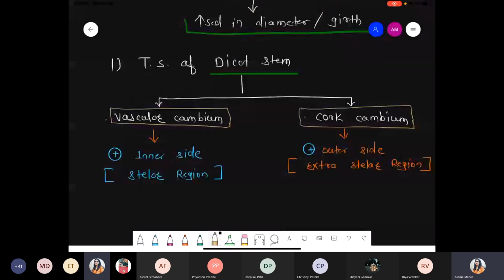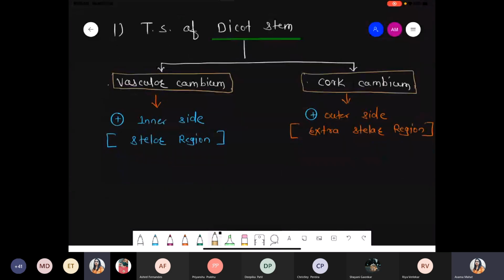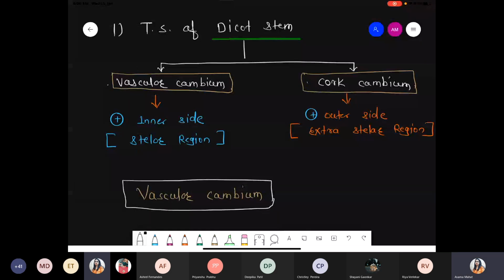Clear? Chalo. So first of all, we are talking about the first cambium, that is vascular cambium. Please try to focus on this part because ये important है. But if you read NCERT, कुछ समझ में नहीं आएगा. ठीक है? So please try to focus on class.